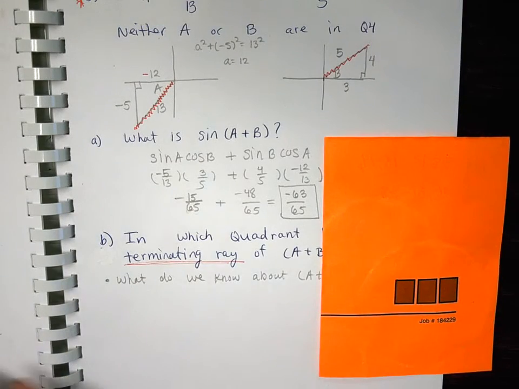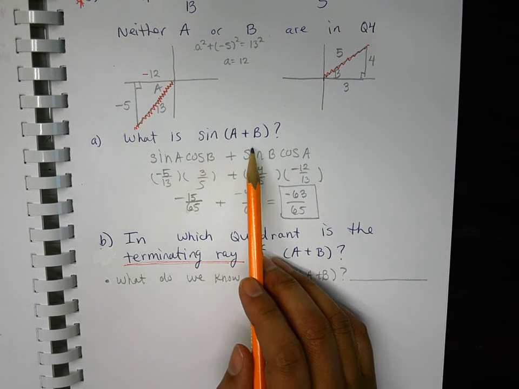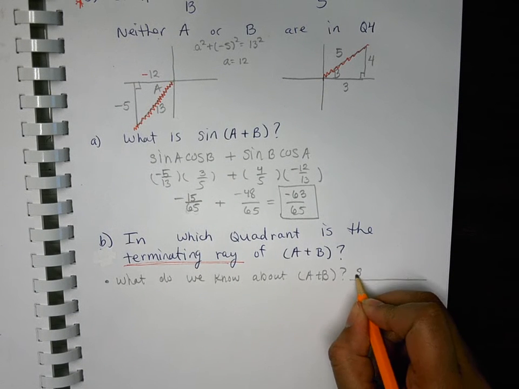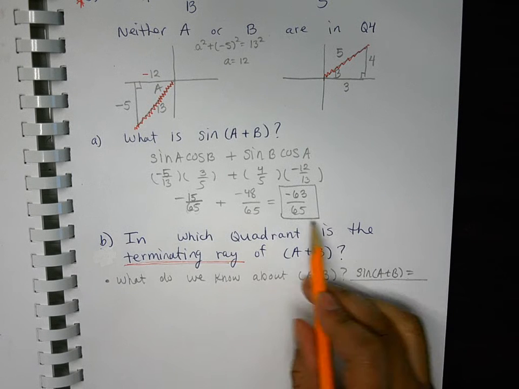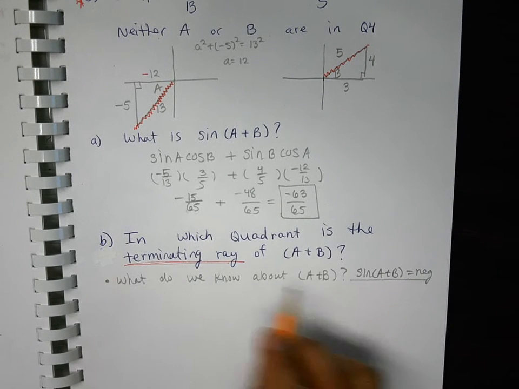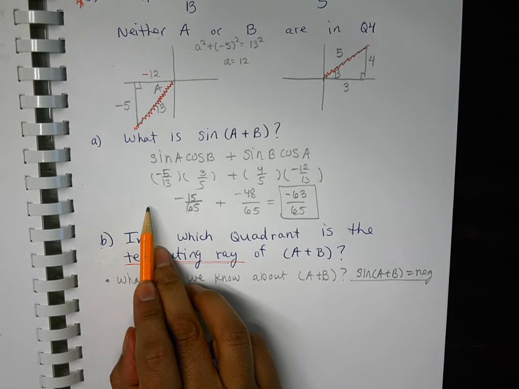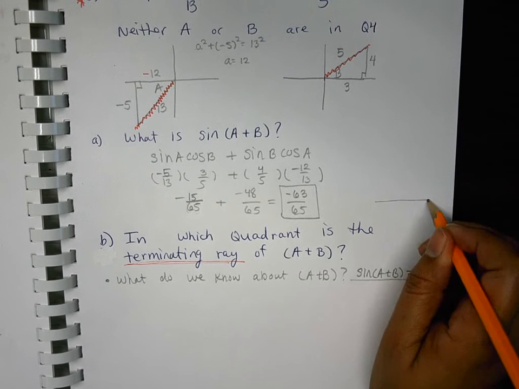So, with that being said, what do we know about A plus B? That sine of A plus B is a positive number or a negative number? Do you guys agree we found that in part A? Yes? Put your phones away. We found that in part A. Is that enough for us to restrict down to 2 quadrants?